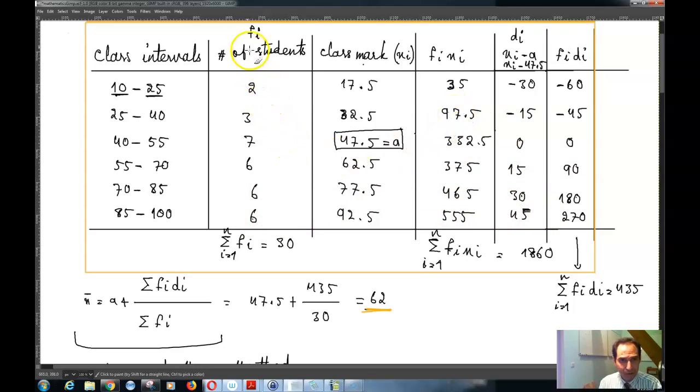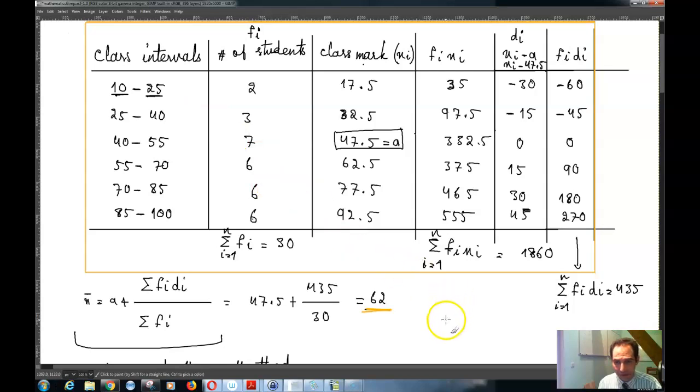So if this number is smaller, of course this multiplication is going to be easier for me. So what I can do is divide this x sub i minus a by the class size.